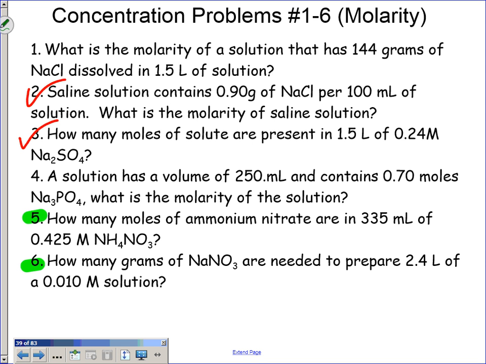I want you guys to go ahead. I think you did question 4 as well, actually. Go ahead and go down to questions 5 and 6 on your lecture problem practice, from the back of the solubility curve diagram.